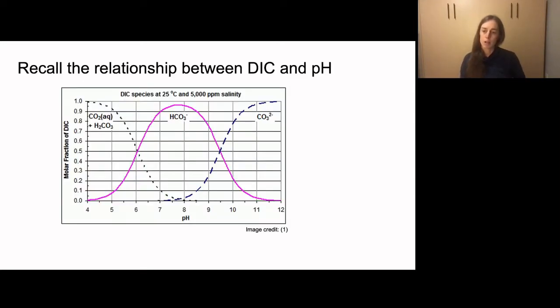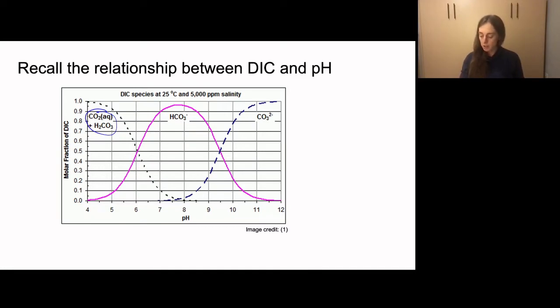So before we dive in, really quickly, just want to run through our relationship between DIC and pH and how our carbonate species shift over that. So we have our carbonic acid, which is both CO2 and carbonic acid, and that is at highest concentrations at our lowest pH.